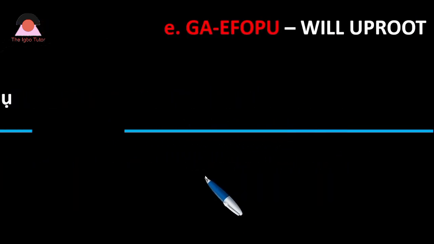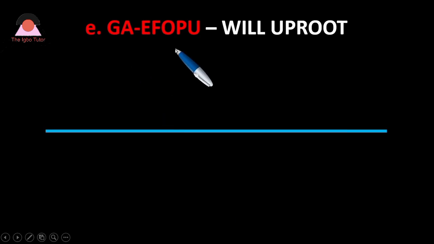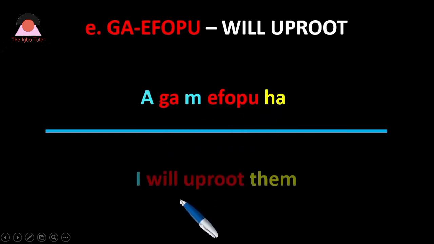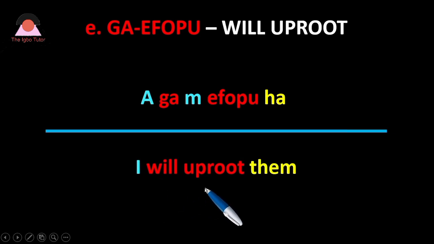We move to ga-efopụ, will uproot. Present continuous or future tense, will uproot. A sentence now: Agam efopụ ha. Meaning of this: I will uproot them.